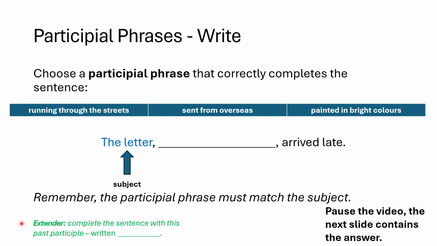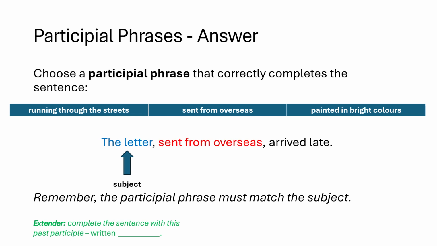Here is the extender. Complete the sentence with this past participle. Written. Pause the video. The next slide contains the answer. Check your answer. The letter sent from overseas arrived late.